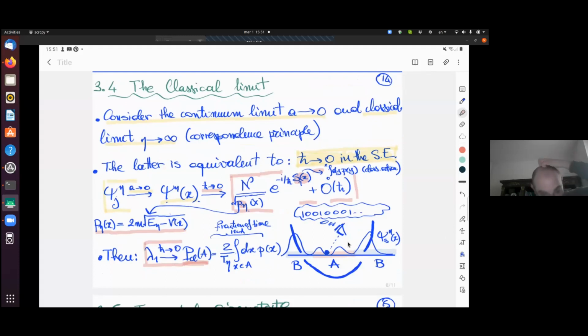So what this limit means for the entanglement entropy is again an example of Bell-Bertelsmann-Sock type of correlation. Basically, we are an observer who can have access only to region A. We don't know anything about quantum mechanics, but we know that we have in a system one particle. We assign a random variable a value 1 if the particle is detected within region A with probability P classical of A, and 0 if the particle is not detected.